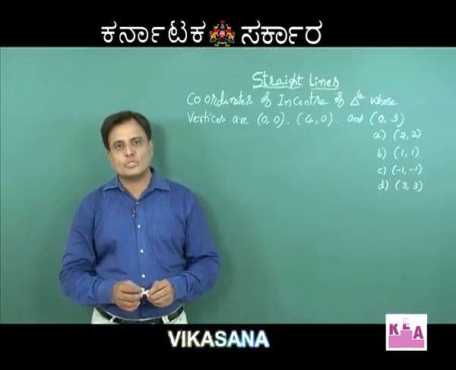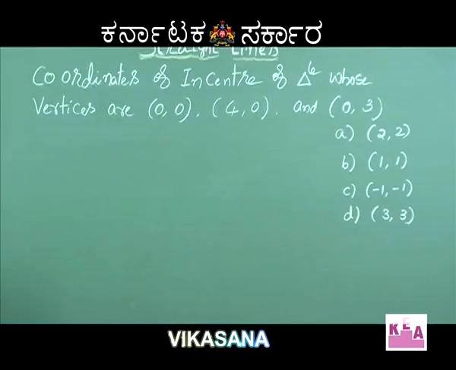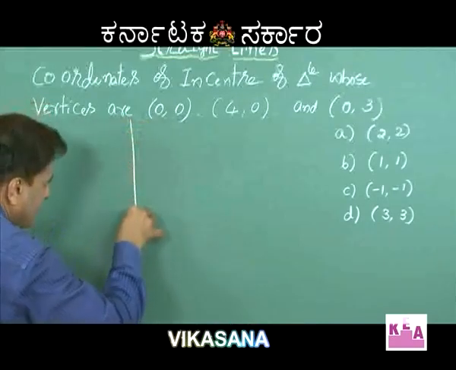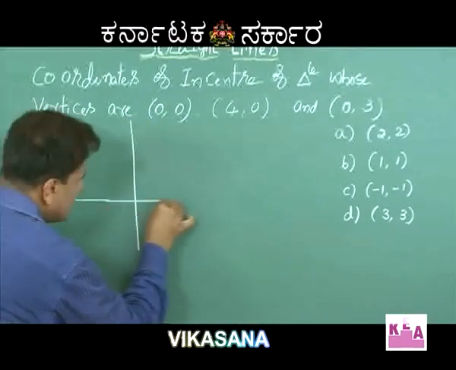Let us move on to the next question. Find the coordinates of the incenter of the triangle whose vertices are (0, 0), (4, 0) and (0, 3). If we draw a simple diagram here, just observe what happened.